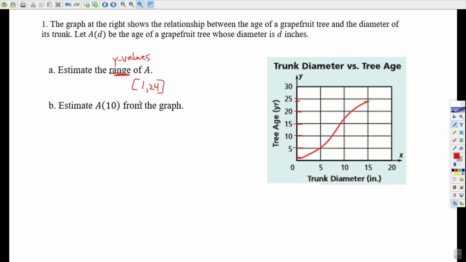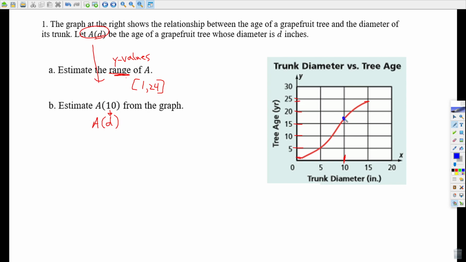Estimate A of 10. If you look back up here, it says A of D, right? So A of D just means they're using 10 for the diameter. If we go down here and look, where is the diameter 10? Right here. We have to go up and read the graph. Maybe use a different color. It's right about here.